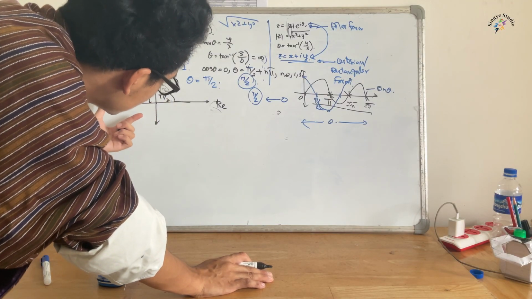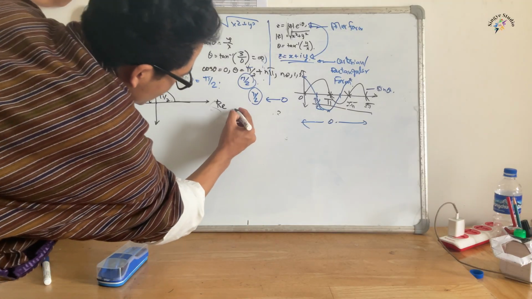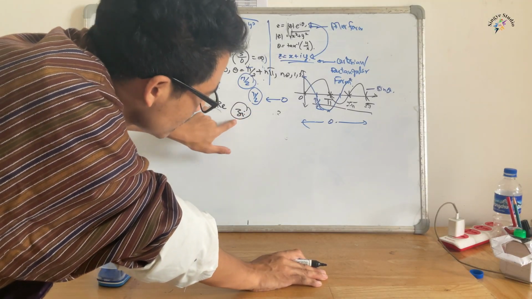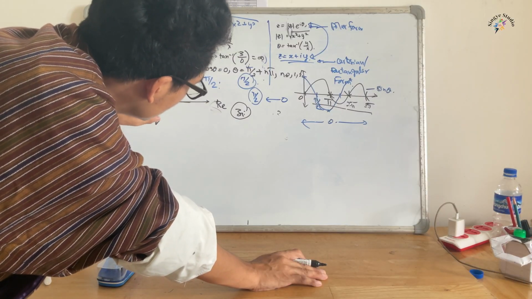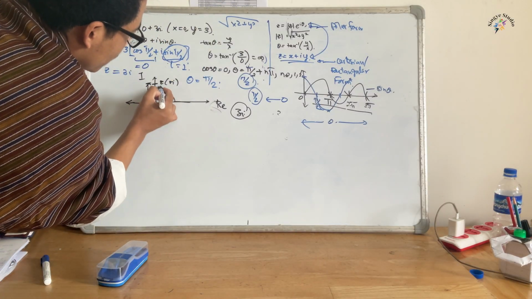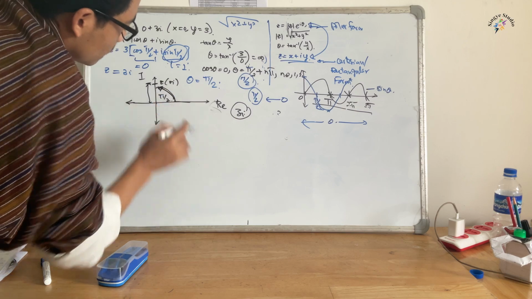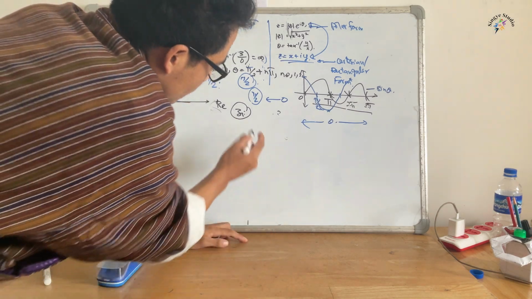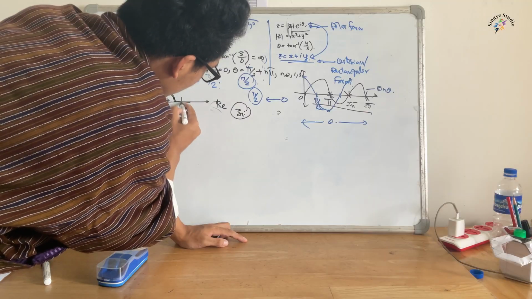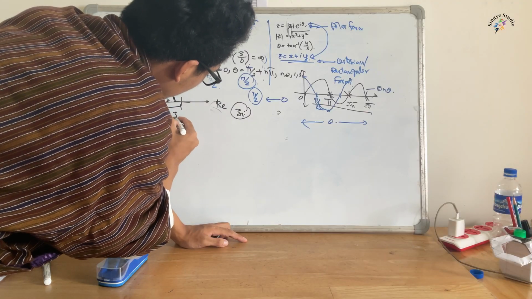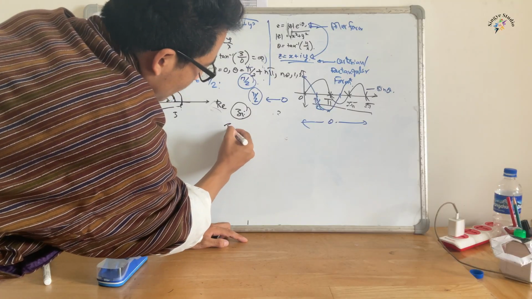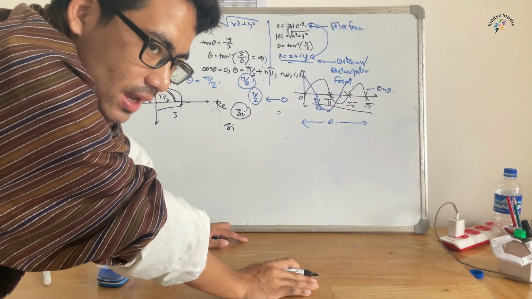So what does it mean is that when you just multiply a number with the imaginary number, you are just rotating the number by the angle pi by 2. This is the main fundamental reason. 3i means you have rotated, for example, from 3 here. If you rotate by the angle pi by 2, then it's same like just multiplying with i.